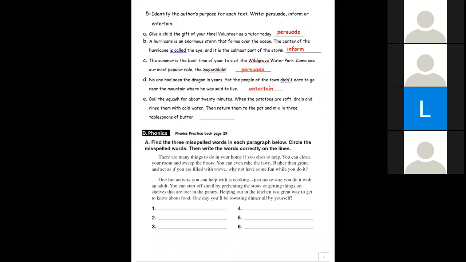When the potatoes are soft, drain and rinse them with cold water. Then return them to the pot and mix in 3 tablespoons of butter. So here, what's the author's purpose?